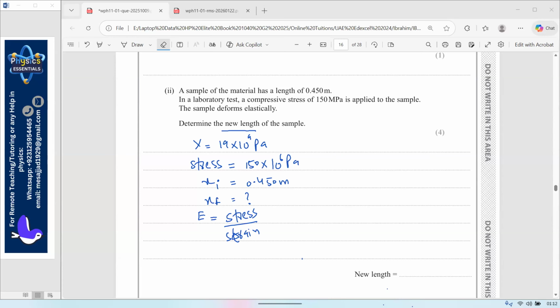So E is stress over strain, so strain is equal to stress over E. Stress is 150 into 10 raised to the power 6 over 19 into 10 raised to the power 9.